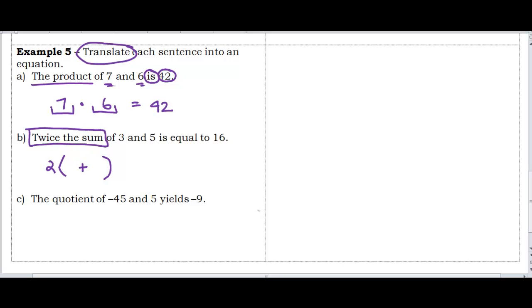Now I have to add the numbers before I take twice of them, right? Or double them. Twice, and the sum of who? 3 plus 5. Do you see that if the parentheses were not there, I would not be multiplying 2 times the addition answer? I would only be multiplying the 2 times the 3, but not the 5.